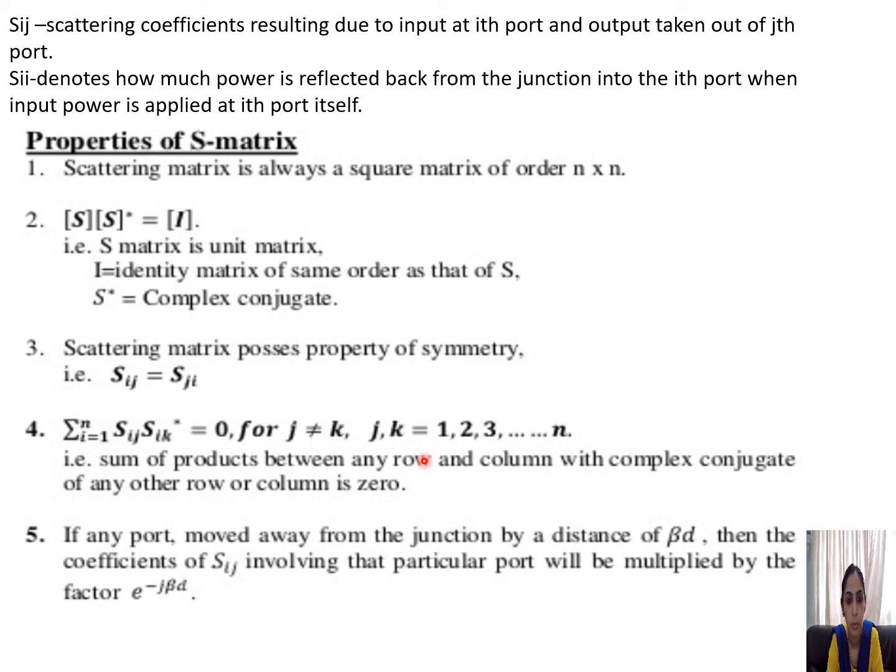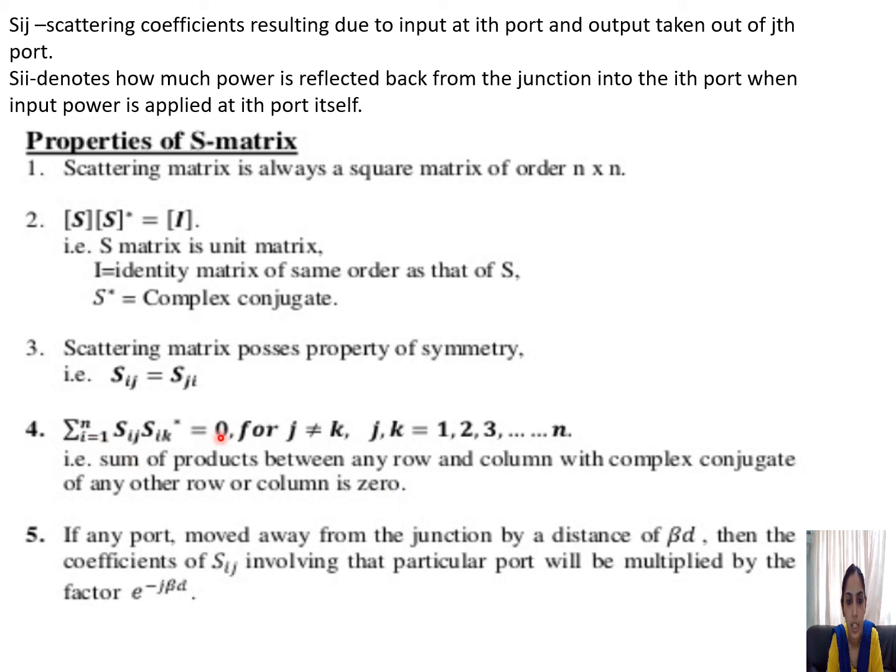Now, the fourth property states that the sum of products between any row or column with the complex conjugate of any other row or column is 0. This property is also important while deriving the S matrix of a microwave device.